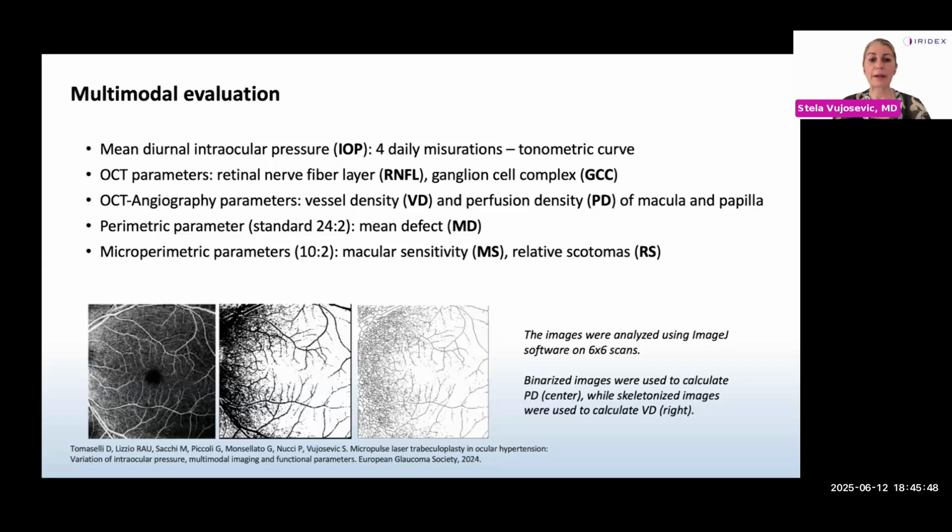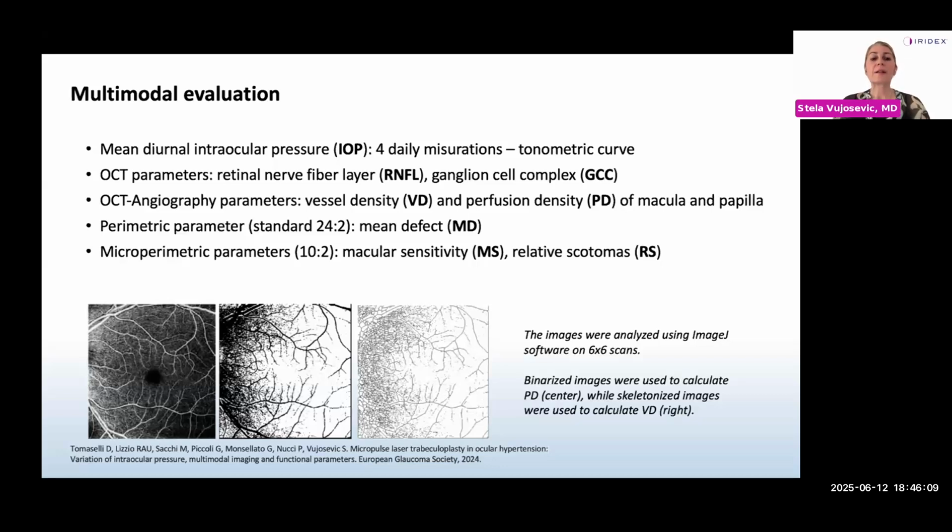So it was the perimetric parameters, the standard visual fields 24-2, the mean defect, and we also evaluated the microperimetry parameters with the mean macular sensitivity and the presence of relative scotomas.